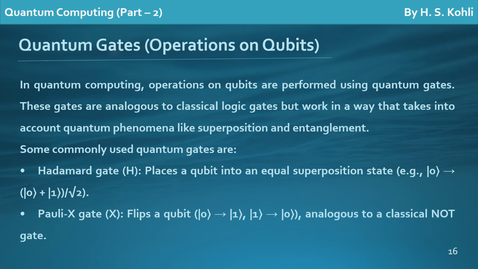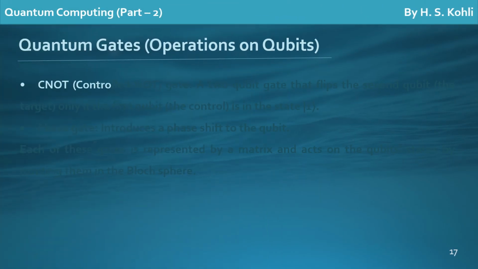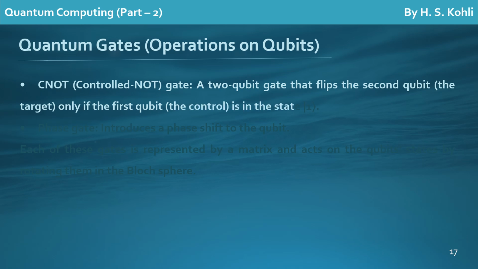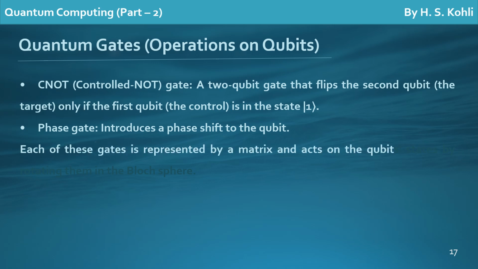X flips a qubit: ket 0 becomes ket 1, and ket 1 becomes ket 0, analogous to a classical NOT gate. CNOT, controlled NOT gate, a 2-qubit gate that flips the second qubit, the target, only if the first qubit, the control, is in the state ket 1. Phase gate introduces a phase shift to the qubit. Each of these gates is represented by a matrix and acts on the qubit states by rotating them in the Bloch sphere.